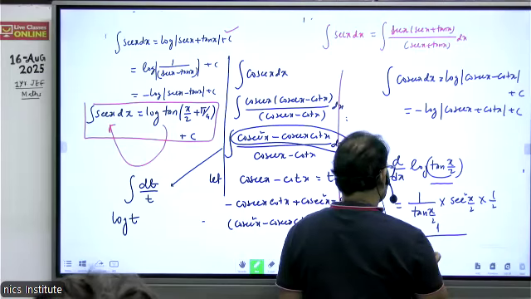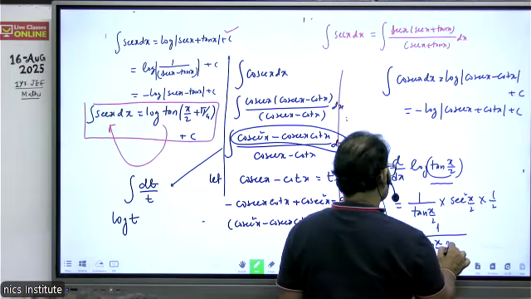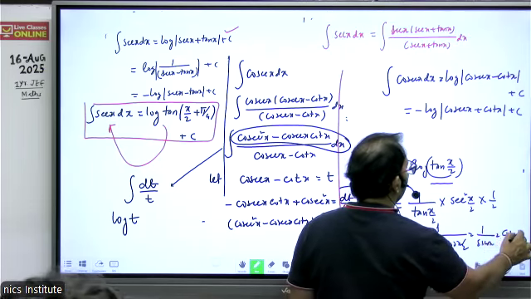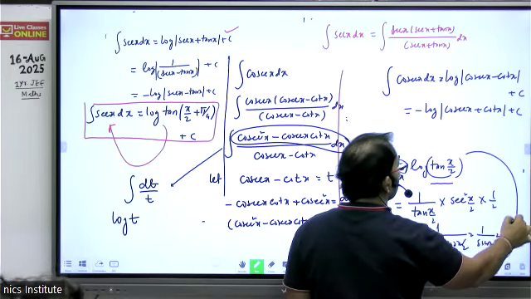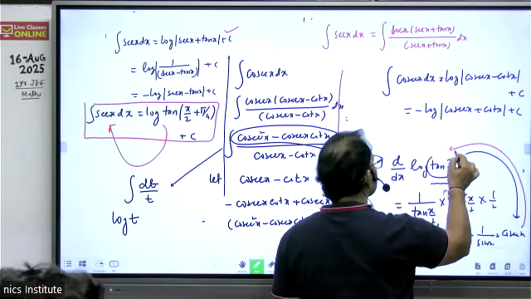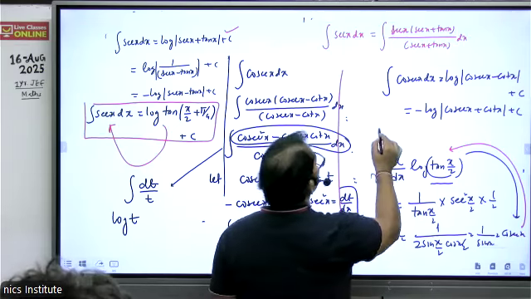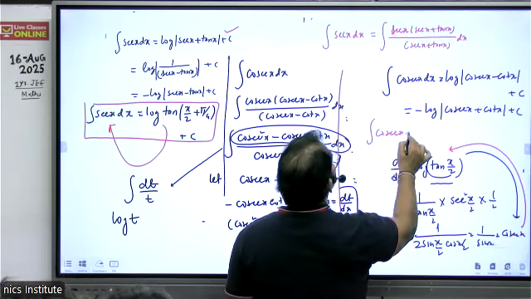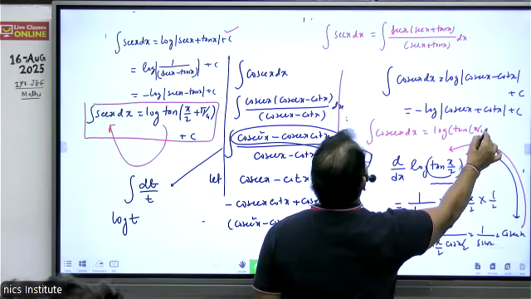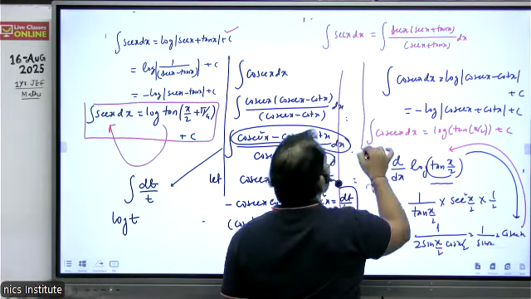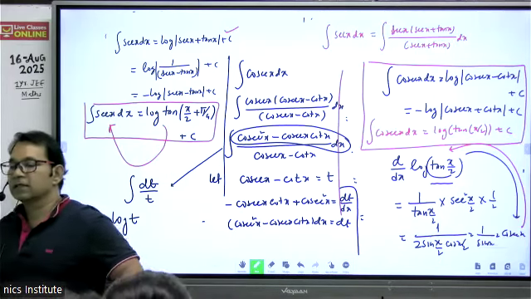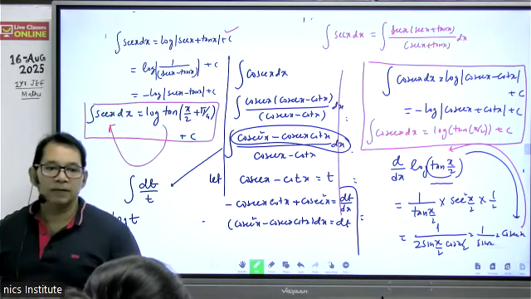So that is cosec. That means derivative of this function is cosec x. That would imply integration of cosec x would be this. So another result for integration of cosec x is log of tan of x by 2. So 3 results for integration of cosec x. Right?